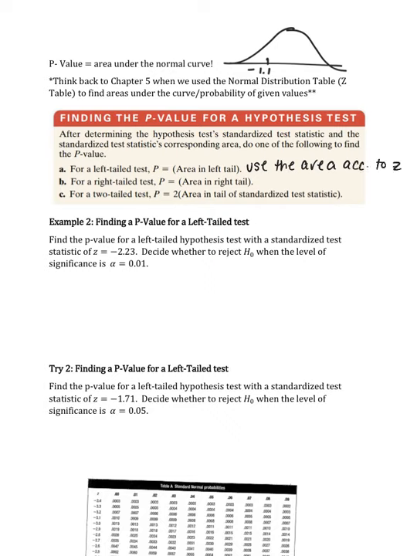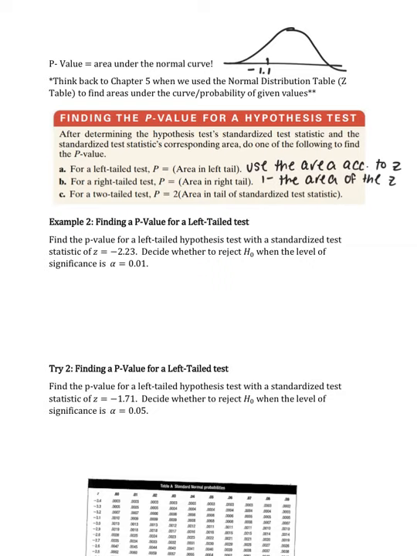Now, if it's a right-tailed test, it would be 1 minus the area of the z-score, okay? If it's a two-tailed test, it's 2 times the area of the standardized test statistic because you have it on the left and you have it on the right as well, okay?